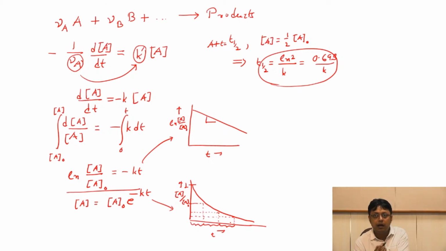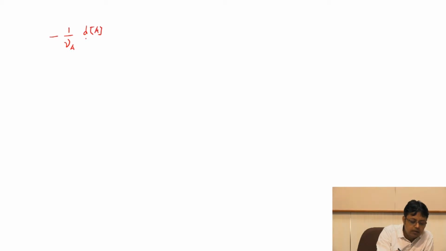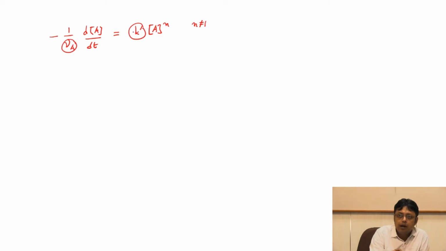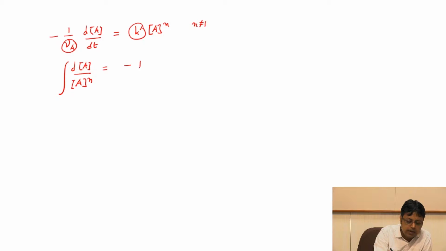Now for any other equation, where you have a rate law like 1 over minus nu A into dA dt varying with A to the power n, where n is not equal to 1, we can easily integrate it. As before, we can absorb the nu A inside K prime to redefine a new constant K, and write the integral of dA by A to the power n, which gives minus Kt.